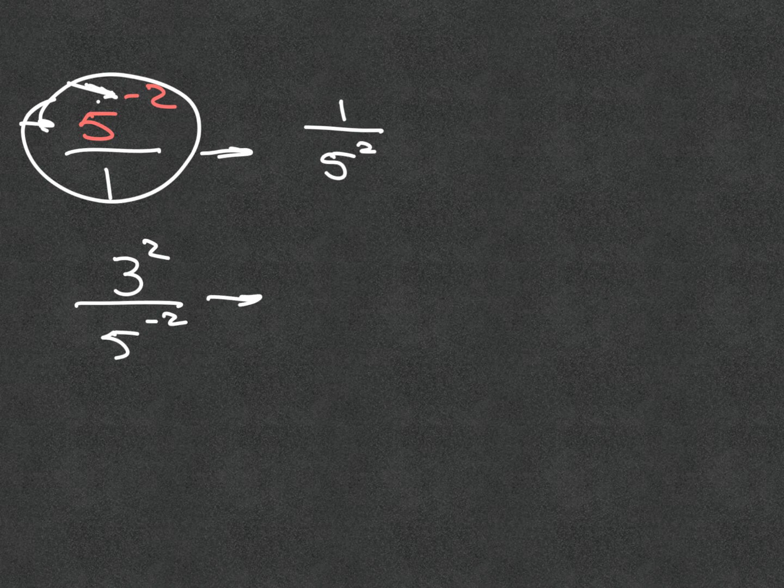Okay. So according to what I had said before, the negative means that the 5 and the 2 are in the wrong position. They do not belong in the denominator position. They belong in the numerator. Notice what I have in the numerator. This is not a negative, so that means the 3 squared is in the correct position.